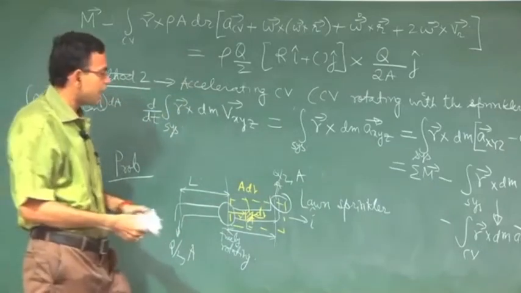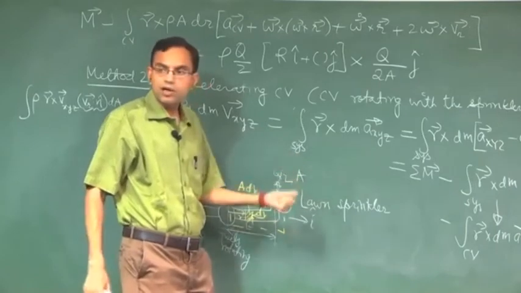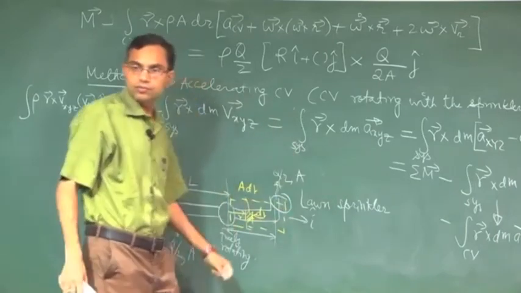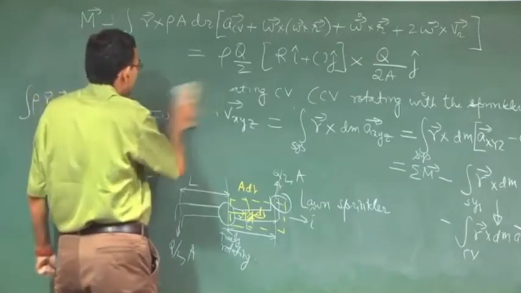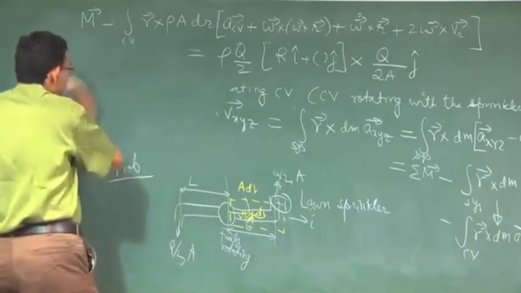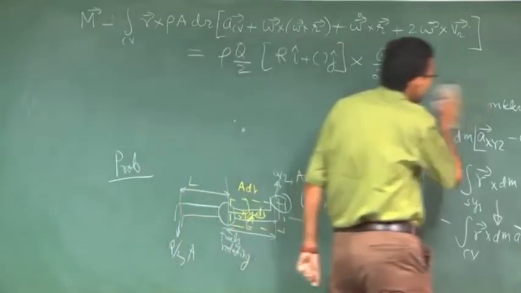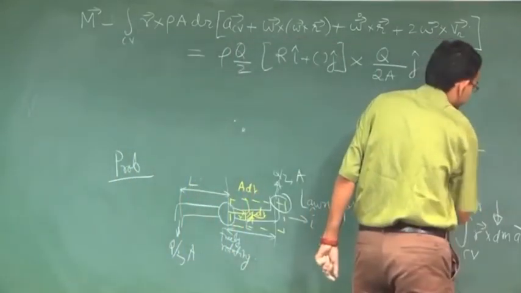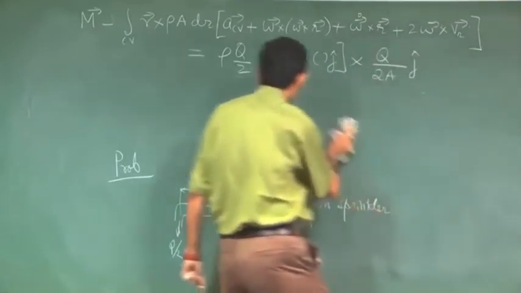This is the velocity at which, relative to the sprinkler, water is coming out. Okay. So now let us clean it up and see whether we are getting the same final equation as that of the previous method, then only it will be validated that our method is correct.